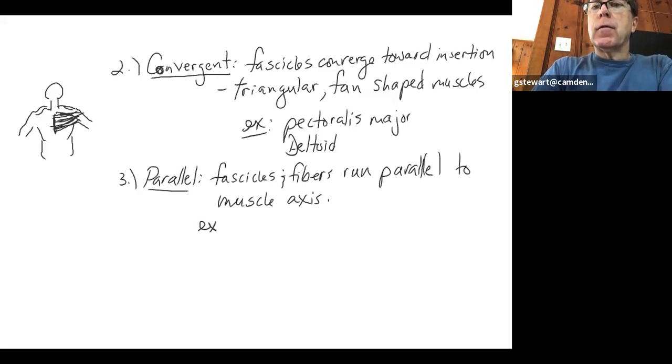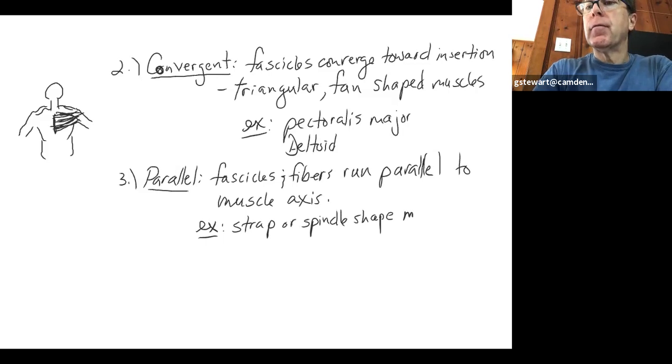So the example of these would be strap or spindle shaped muscles. I'll give you some examples. So the parallel fibers and the parallel fascicles within the muscle create an overall strap or spindle shape of the muscle itself.